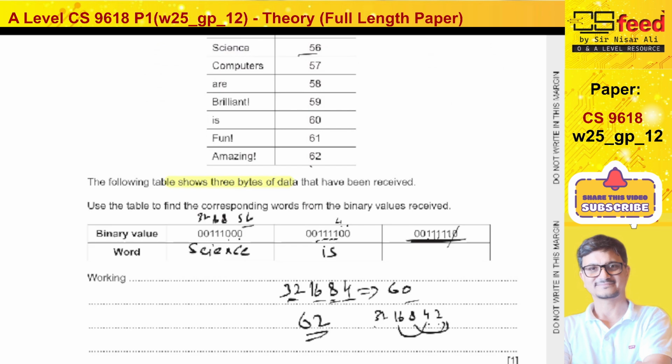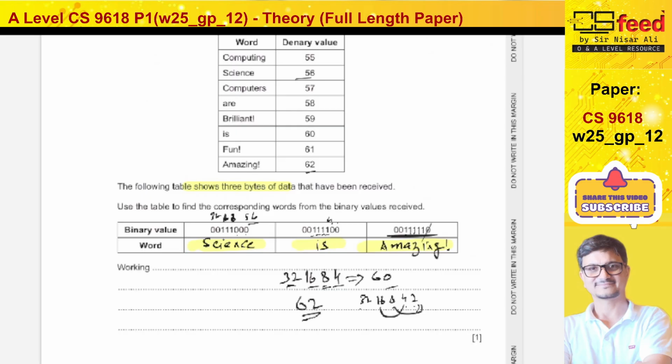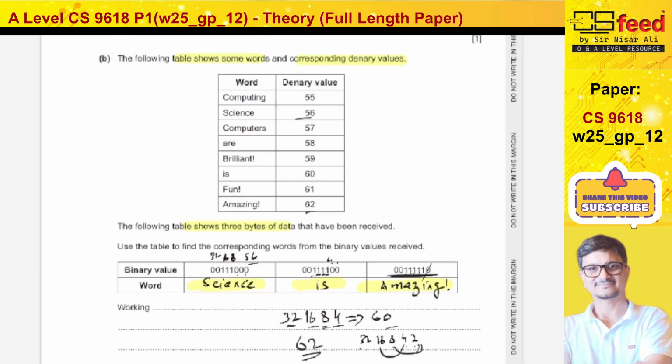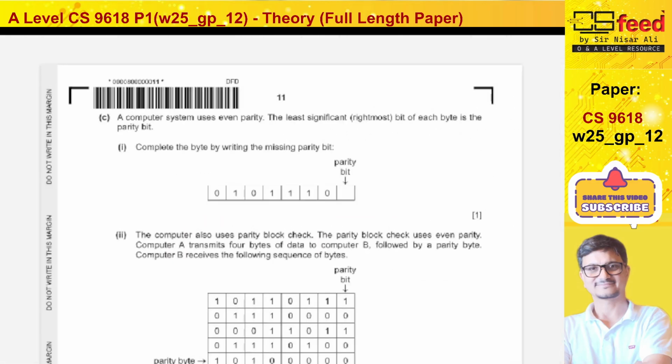So 62 is amazing. So actually the word is science is amazing. So basically this is the concept of the ASCII characters, or how the characters are represented in the memory.